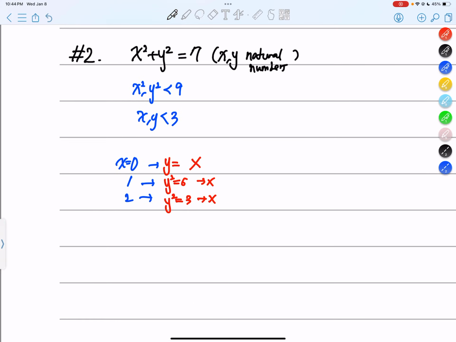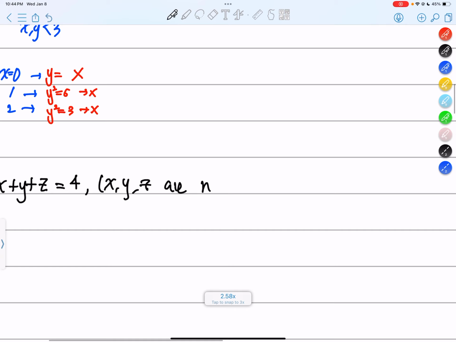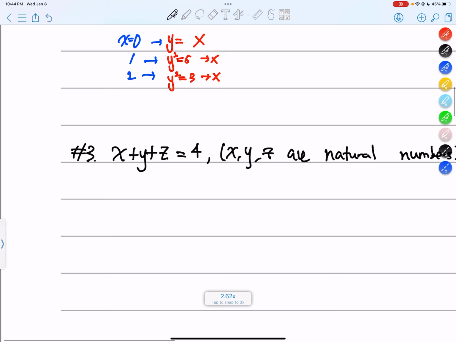Let's do another one. Let's go back to a very simple idea. Let's do 3 variables. x plus y plus z is 7. No, let's do even smaller, 4. And x, y, and z are natural numbers. Oh my gosh, then well, I can't put numbers like 5 in here because these two cannot be negative, and I can't put 4 because these two would be 0, right?